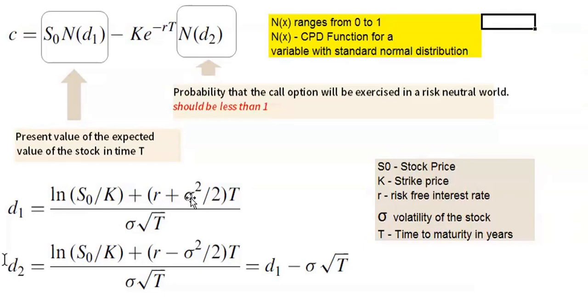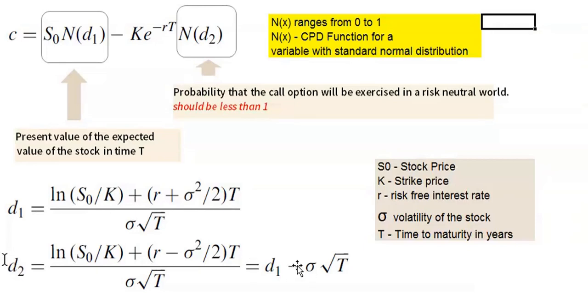Remember, rho is the volatility of the stock, so rho square is the variance, and you divide that whole thing by the time to maturity, and divide this whole component by the volatility times the square root of time. So that's your D1, and then that's your D2.